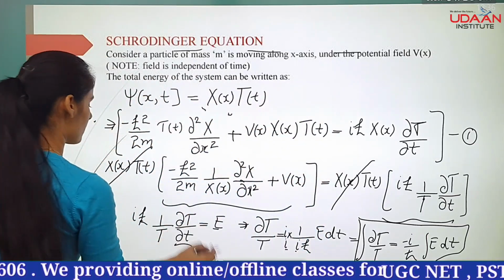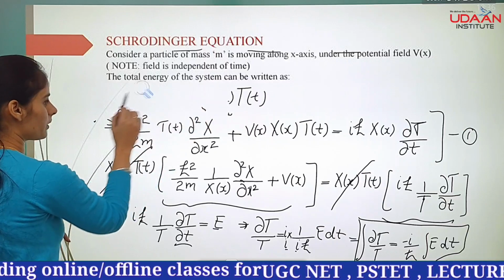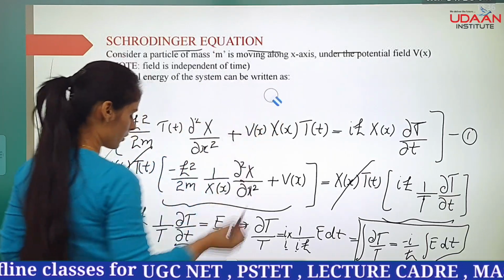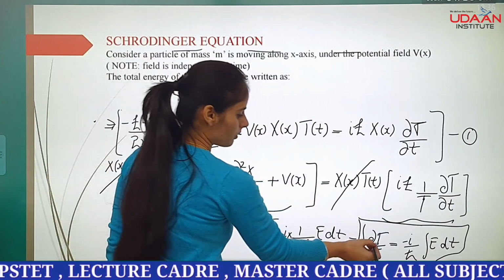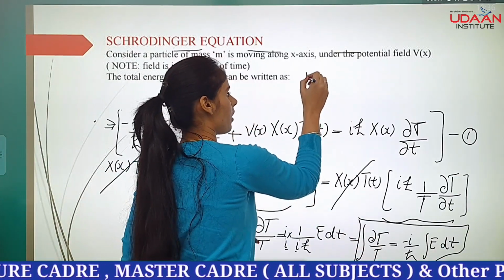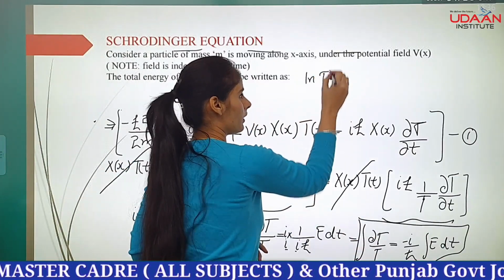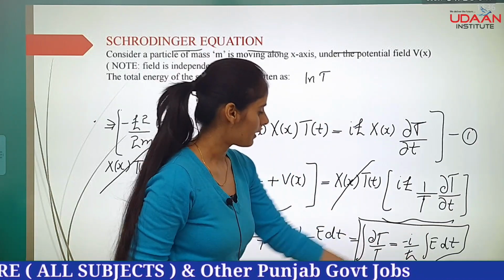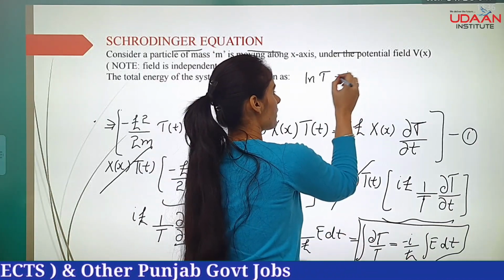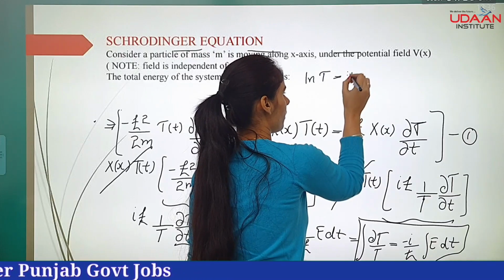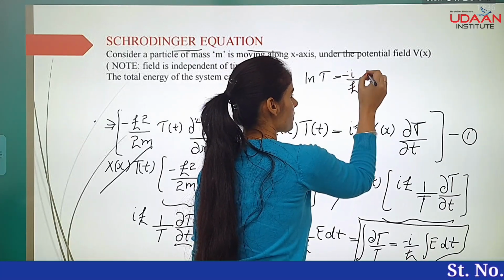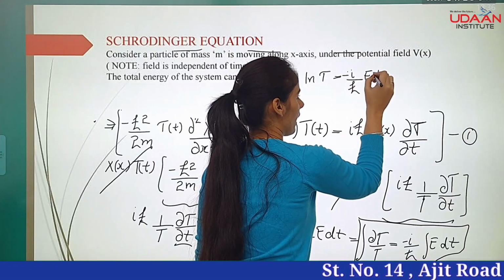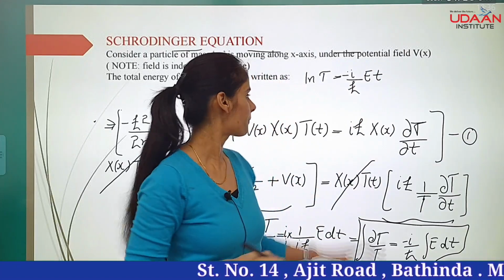So let's complete it over here. I'm trying not to write too many equations so that you can understand it well. So here it is natural log of T is equal to minus iota over h bar E as a function of t.